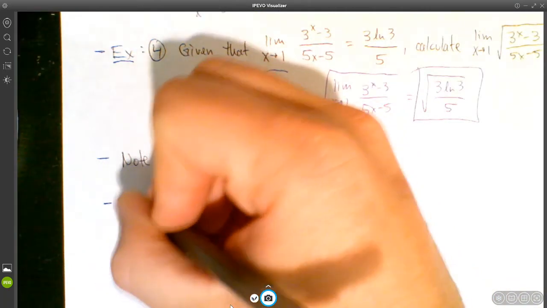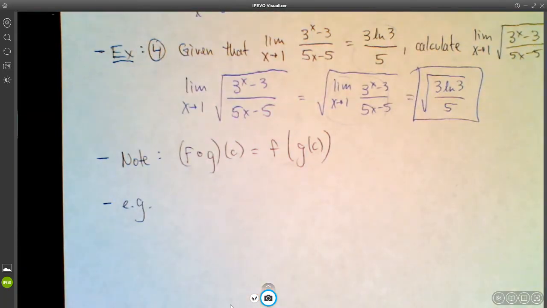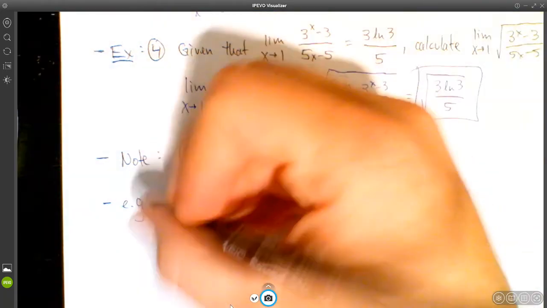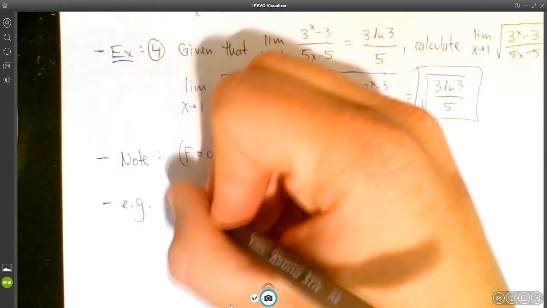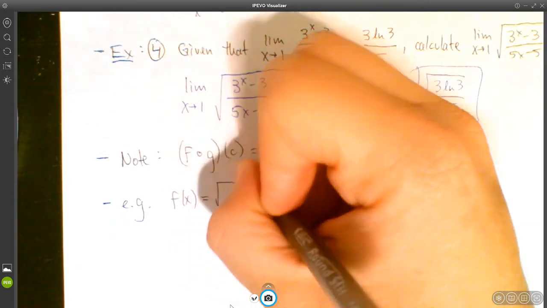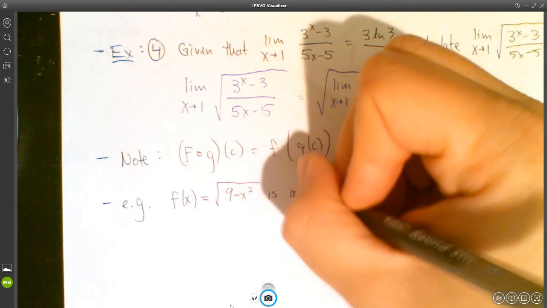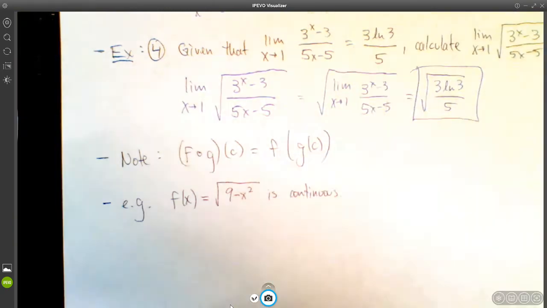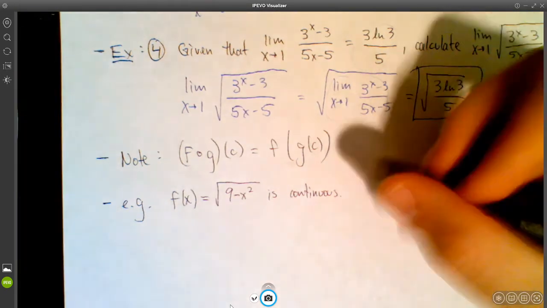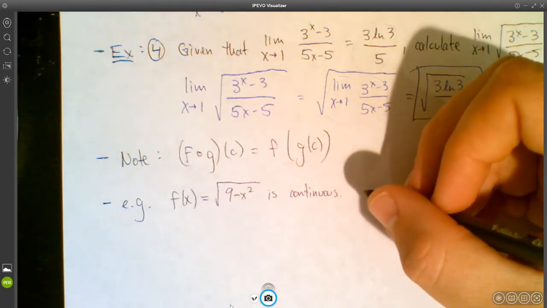For example, what would be a good example? We just showed that the square root of 9 minus x squared is continuous. So f of x equals the square root of 9 minus x squared is continuous. We've also shown that any polynomial is continuous.